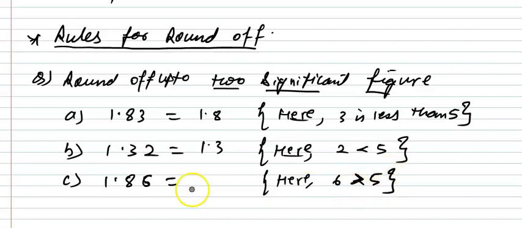Greater than 5, so we round it off and increase the preceding digit by 1. So I can write this as 1.9, because the third digit 6 is greater than 5. Hence we increased the preceding digit by 1, so it becomes 1.9. Getting it? Okay.